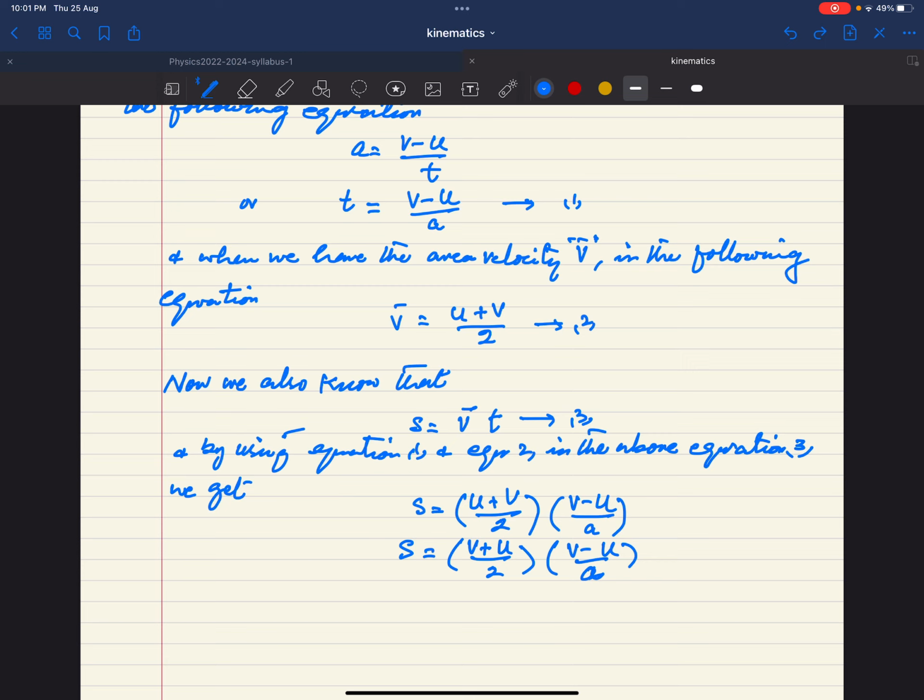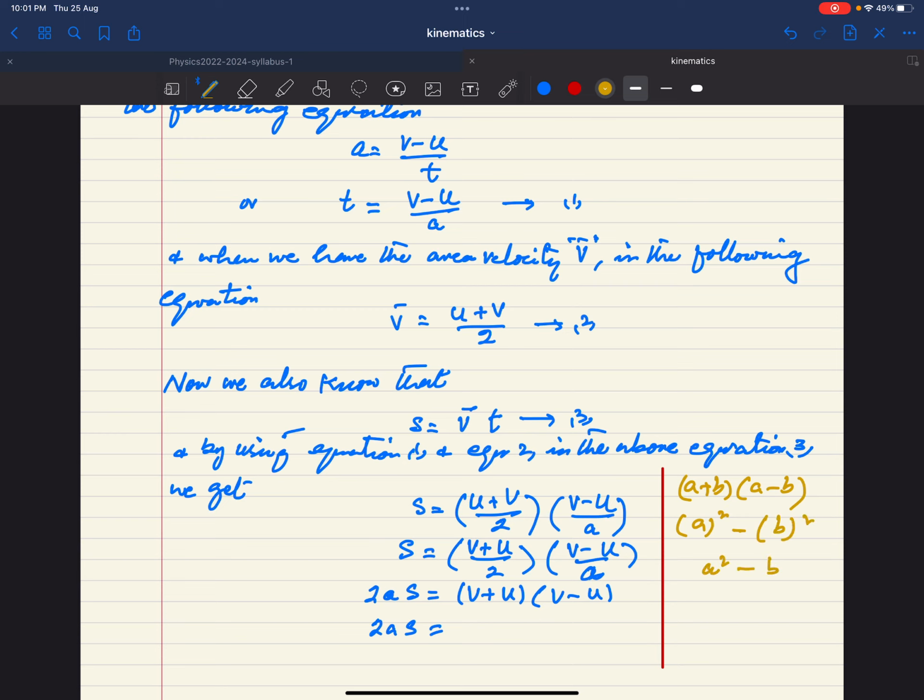Now a little change in the order, and what you can write is 2AS is equal to V plus U, V minus U. And you know that when you are considering this formula, you already know that A plus B into A minus B gives A whole square minus B whole square, or simply A square minus B square.